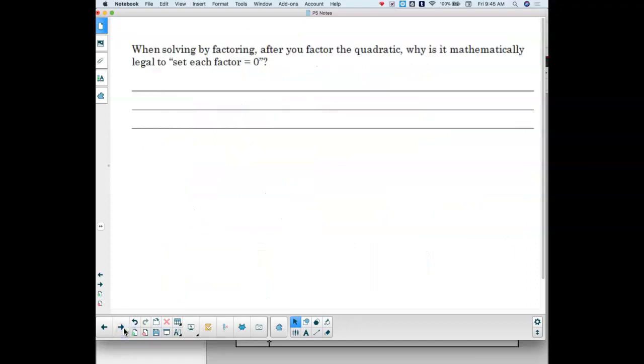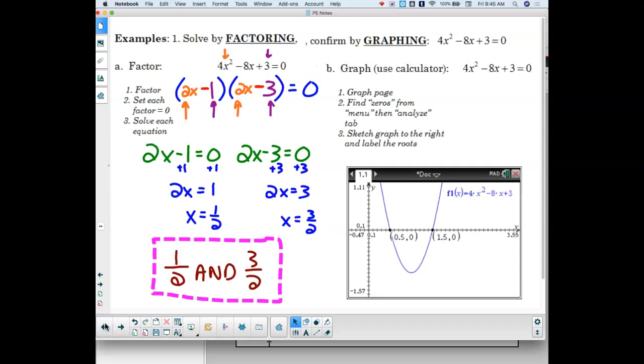When solving by factoring, after we factor the quadratic, does anybody remember why it is mathematically legal to set each factor to zero? We're looking for when the graph intersects the x-axis. But why can I set those factors, in green here, equal to zero? Because multiplying anything by 0 is 0. When I multiply two things together and the result is 0, one of them's got to be 0.